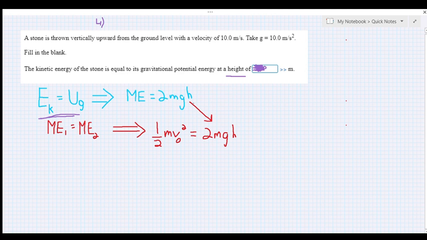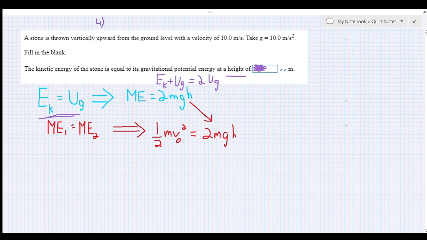If you don't understand how we got that, ME is equal to EK plus UG. And since EK is equal to UG, which is one of the conditions in the question, then ME is also equal to 2UG, or 2mgh.